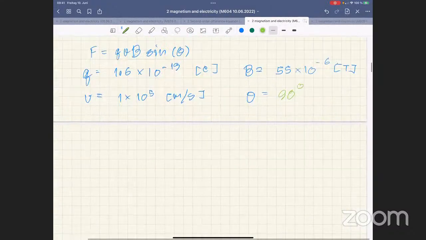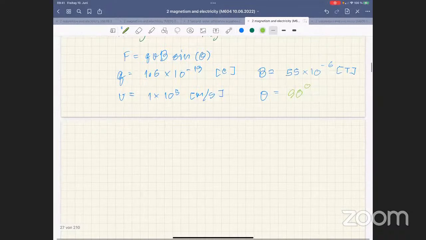After that we will substitute all these four quantities into the expression F equals QVB sine theta, right?